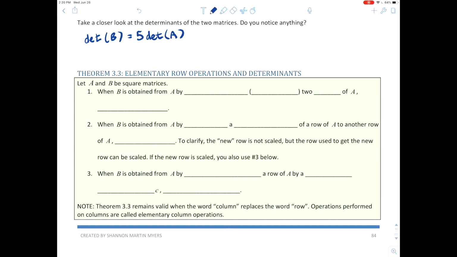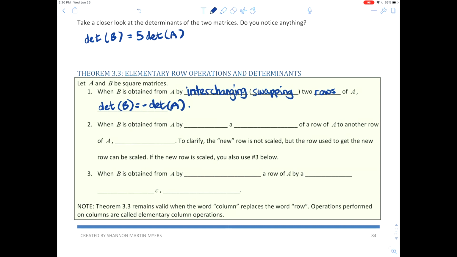When B is obtained from A by interchanging or swapping rows, then the determinant of that matrix B is equal to the opposite of the determinant of A.